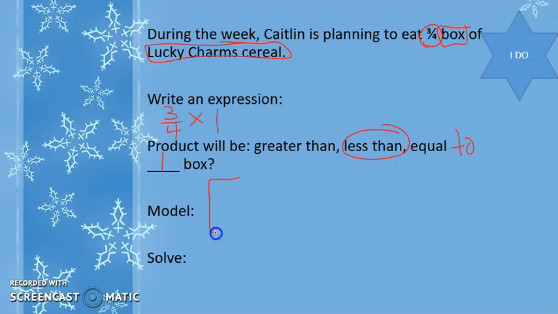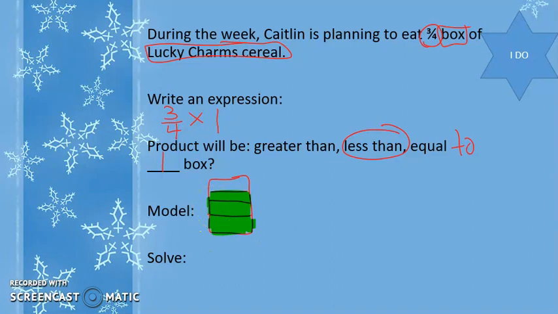So now if we make a model, I'm going to draw a box of cereal. We're going to divide it into fourths. And we know that Caitlin is going to eat 3/4, or 3 out of 4 pieces, or 3 out of 4 parts, of this box.